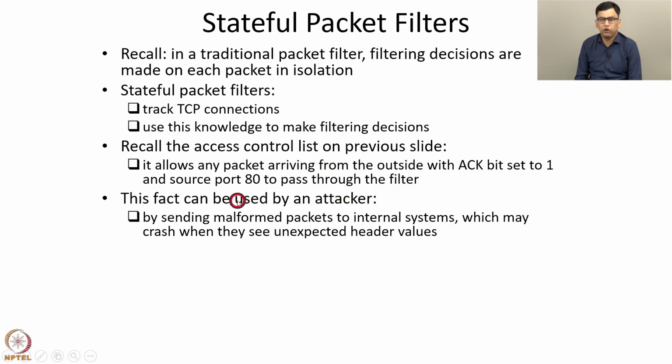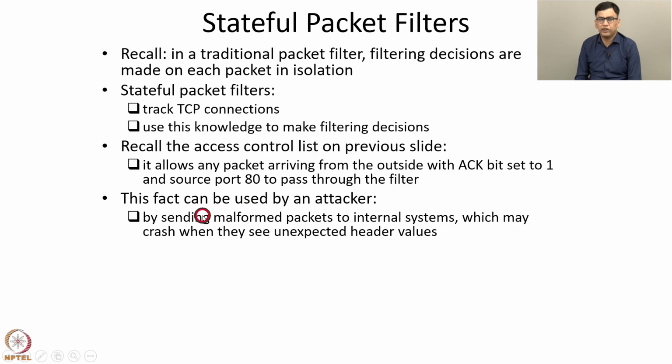So even though there is no ongoing web connection to a particular web server outside the network, an attacker can send a packet as if it is from the web server and part of an active web connection. This is a malformed packet, just meant to crash the internal host.